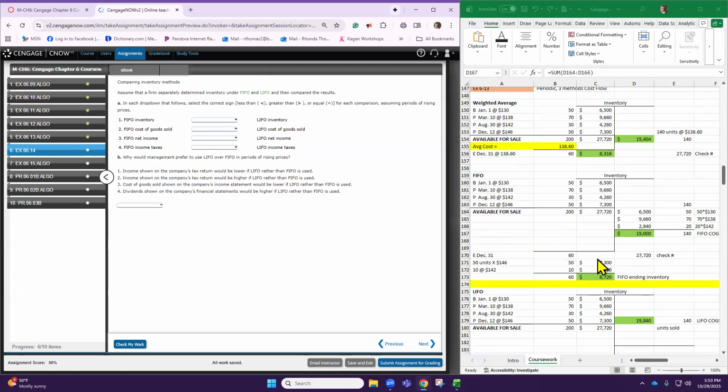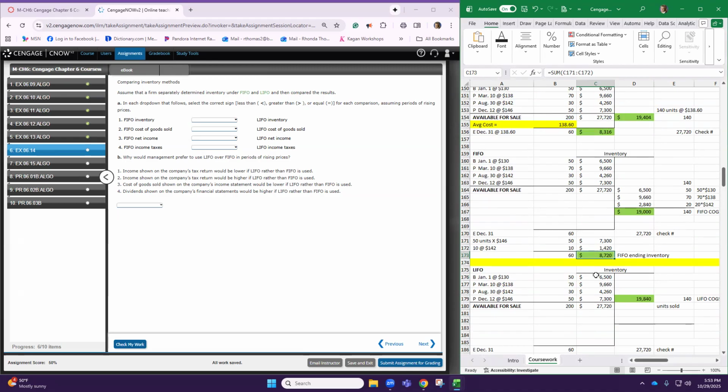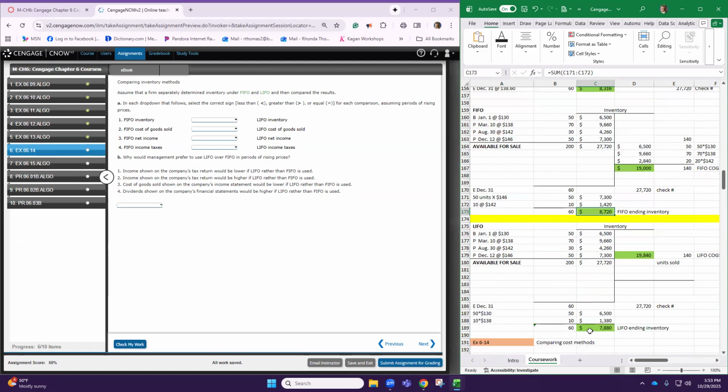FIFO for this problem had 8,720 in ending inventory. LIFO had 7,880. So FIFO is going to result with a larger inventory value at the end than LIFO, because the newest costs are sitting in FIFO inventory at the end.